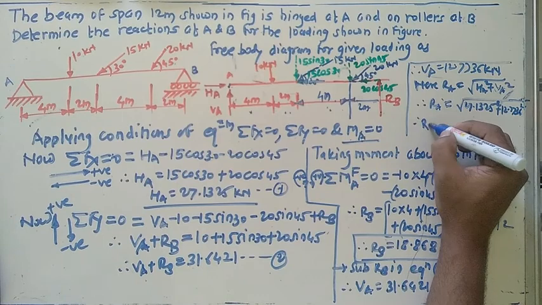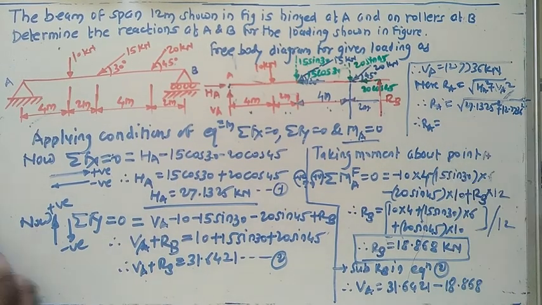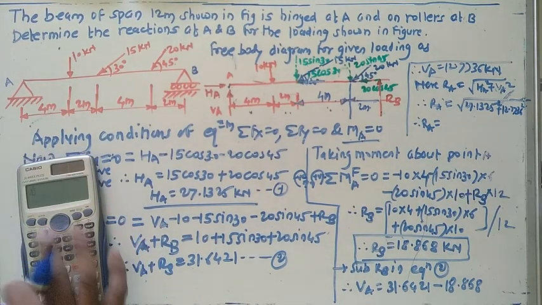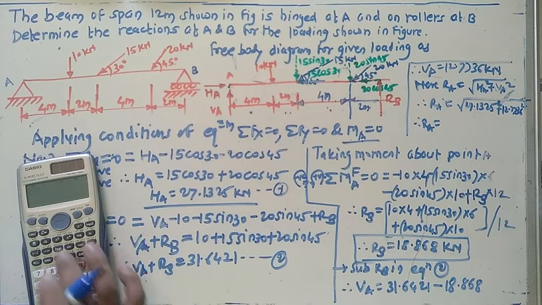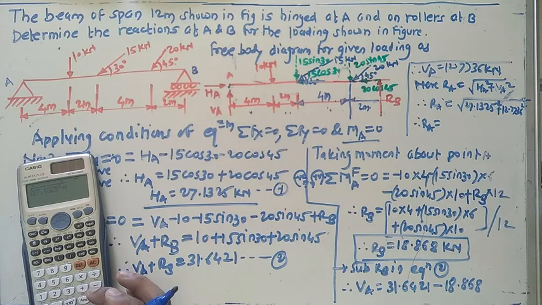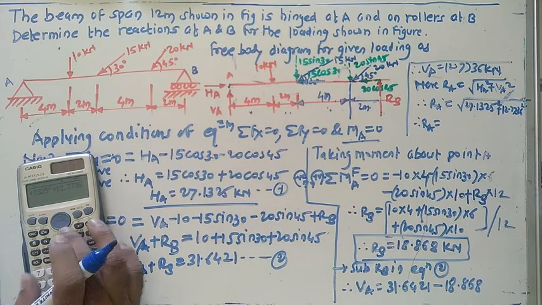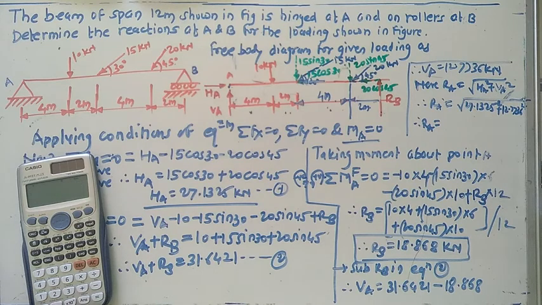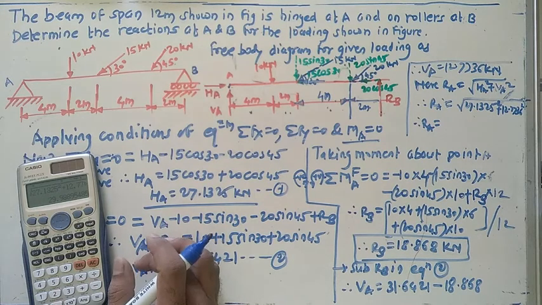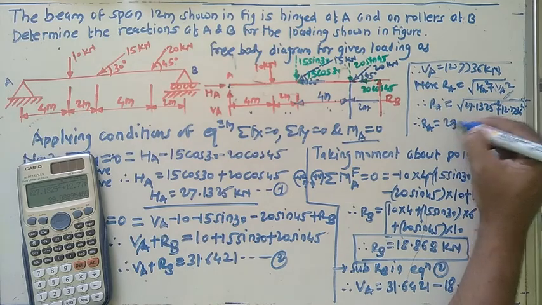To solve this and get the value of RA, we get 29.98, about 39.8.